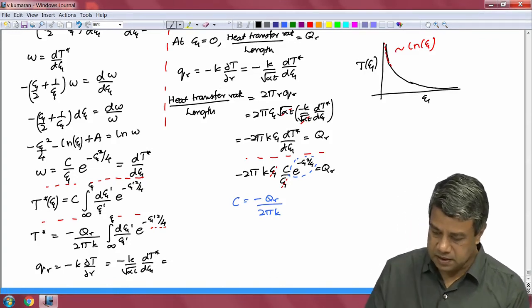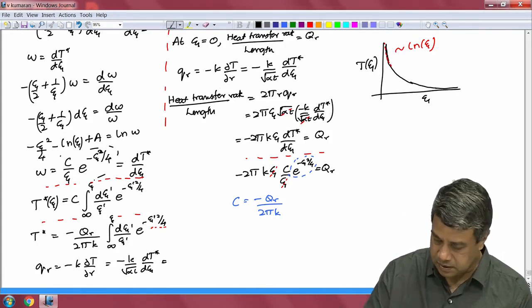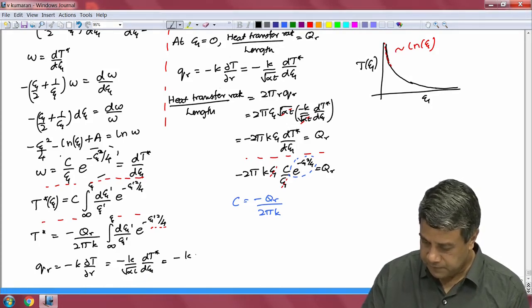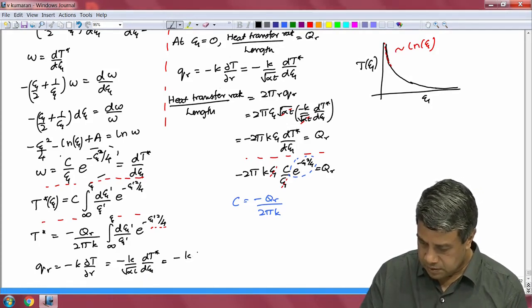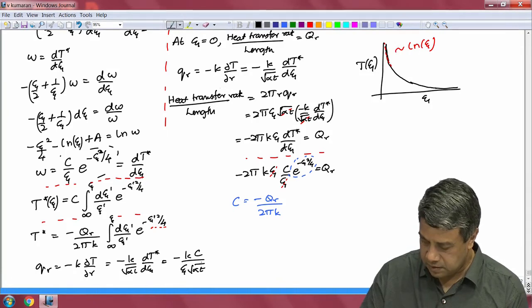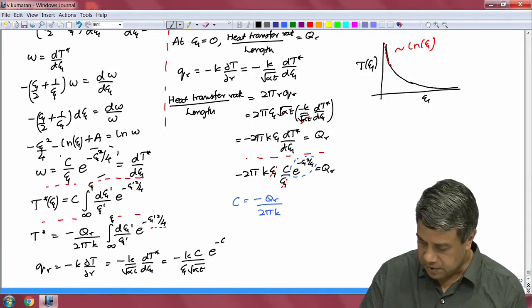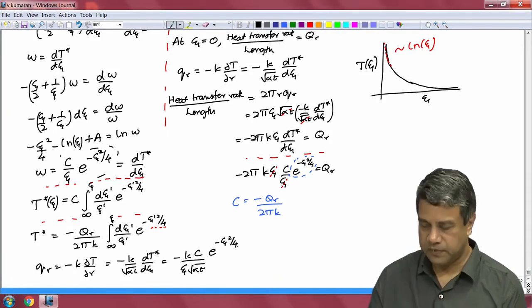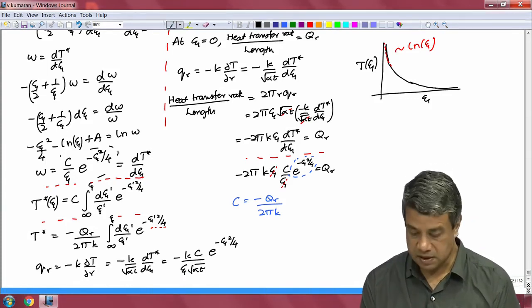And dT by d psi is given by this expression here, minus k c by psi root alpha t, e power minus psi square by 4. This is the heat flux.